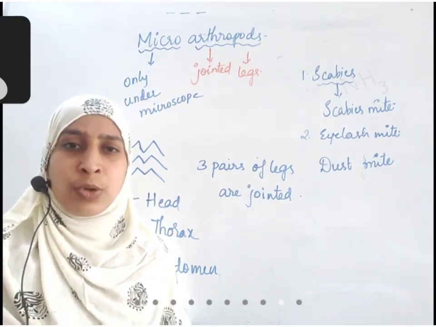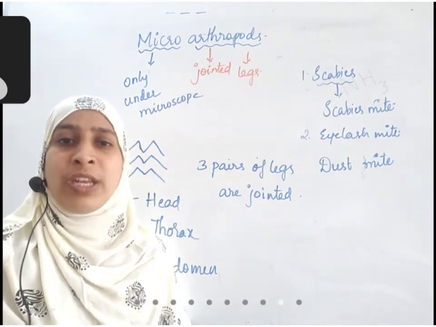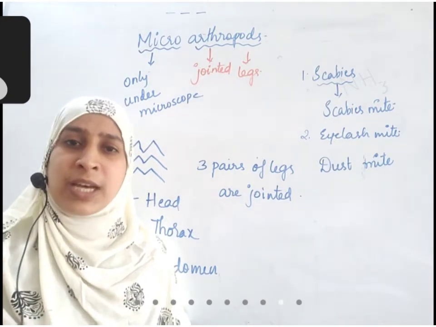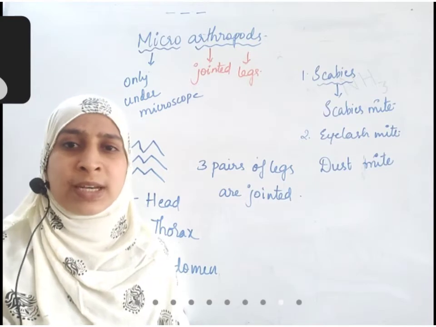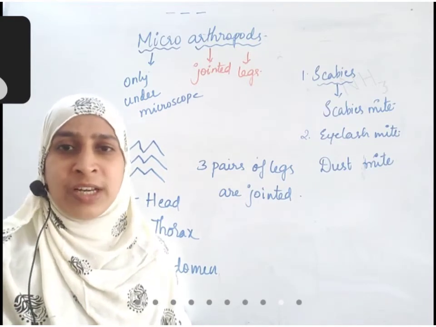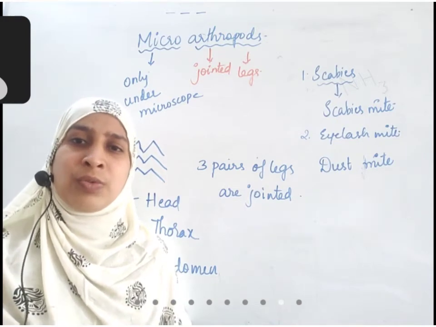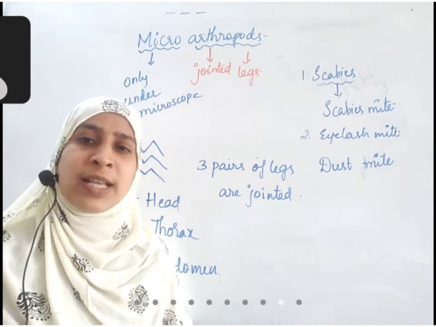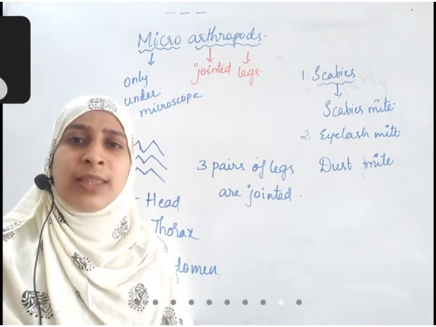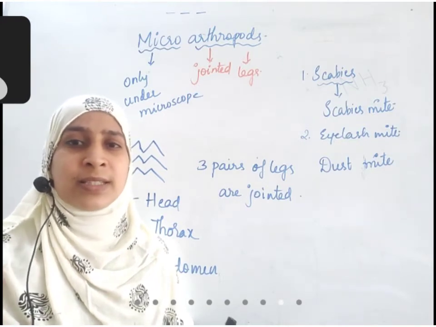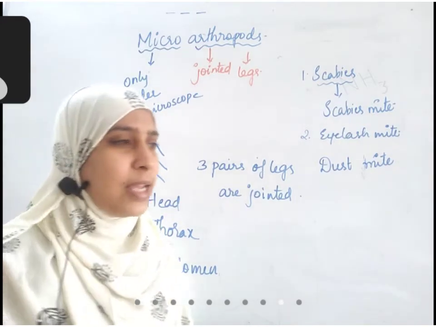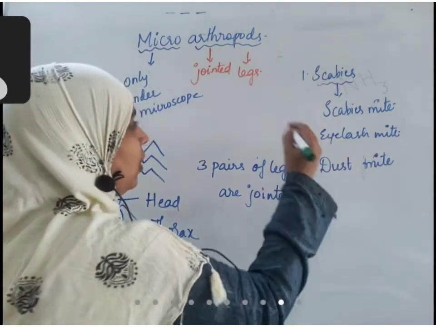If you are growing any pet in your house, or if there are dead microorganisms on the floor, they are also fed on. They are also equally harmful. Sometimes when you put your hand in dust, you get sneezing and all. That is because of these dust mites. So these mites are harmful.